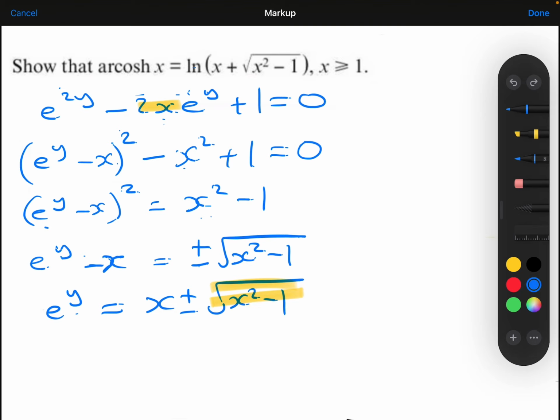So therefore, when I do x take away something that's a little bit less than x, well, this is still going to be positive. So in both cases, this is positive. So e to the y is fine. I can now take logarithms of both sides. Like that. Again, this is still fine at this stage.